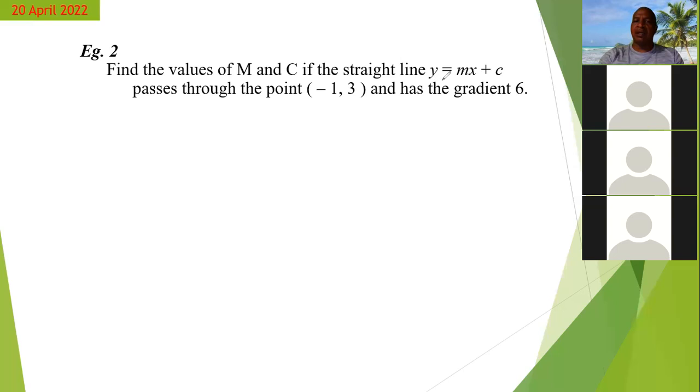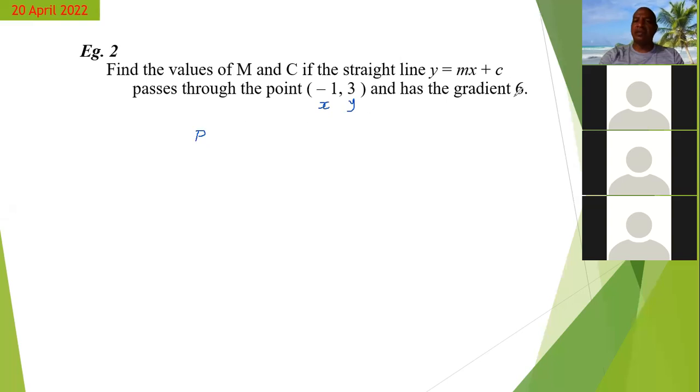All right, so what you can do though is to simply plug these values in this equation. So you would have an x value equal -1, and a y value equal to 3.